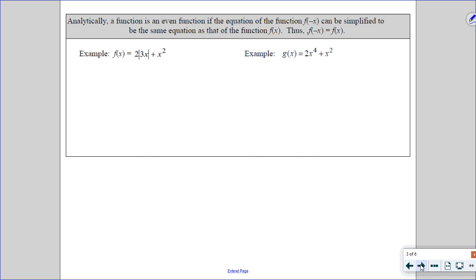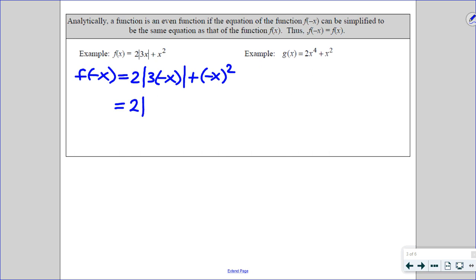All right, our first example, f of x equals 2 times the absolute value of 3x plus x squared. So I'm going to replace x with negative x. And then I'm just going to simplify. Okay, I'm going to start in the absolute value. 3 times negative x is negative 3x.